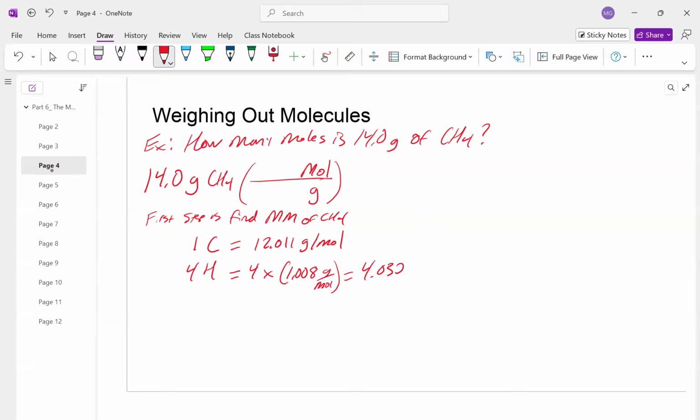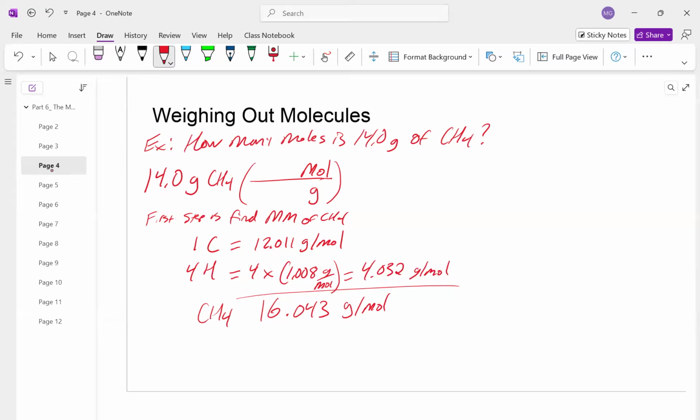And so the total amount of hydrogen, or mass of hydrogen, is 4.032 grams per mole. So I add all that up. The molar mass of CH4 is 16.043 grams per mole.